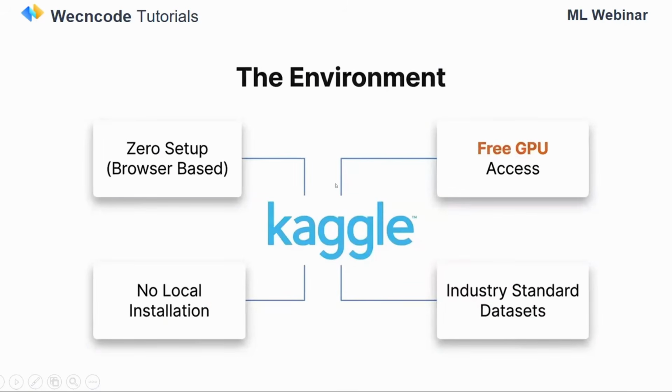You don't have to install anything, and you have GPU. This is the most important part of building anything in AI, the GPU, which is a graphics processing unit that allows you to run tensors and use PyTorch. So it allows you to run all those models efficiently and faster.